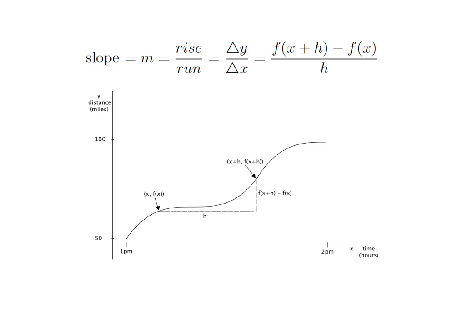So our equation for our slope has become delta y over delta x equals f of x plus h minus f of x, over h. And that's just a fancy form of saying y2 minus y1 over x2 minus x1, except it's using function notation.